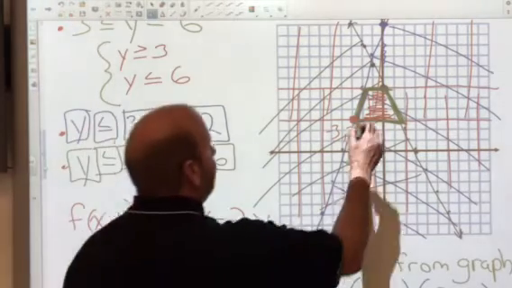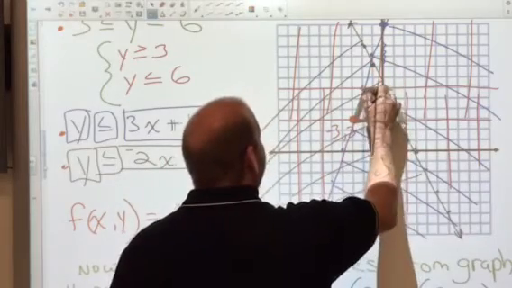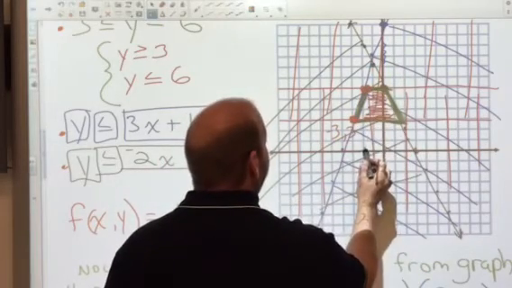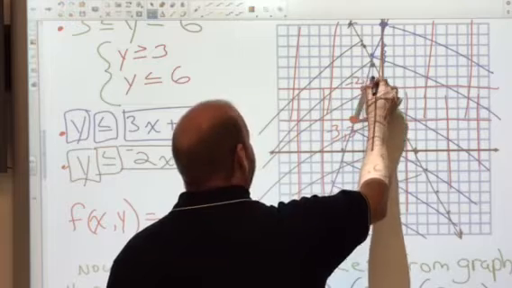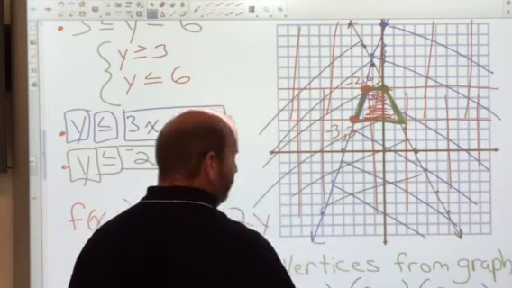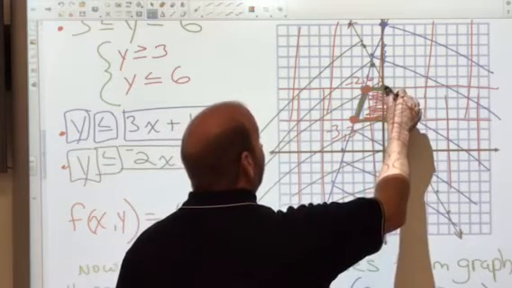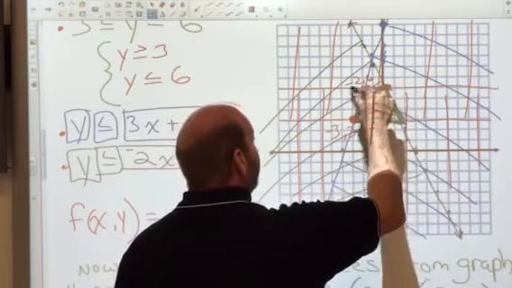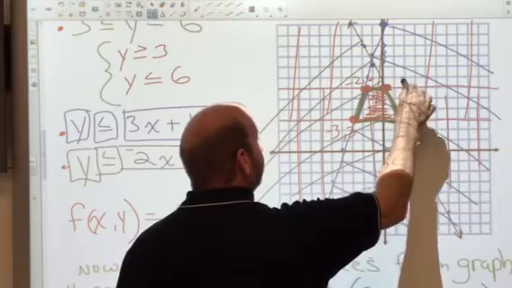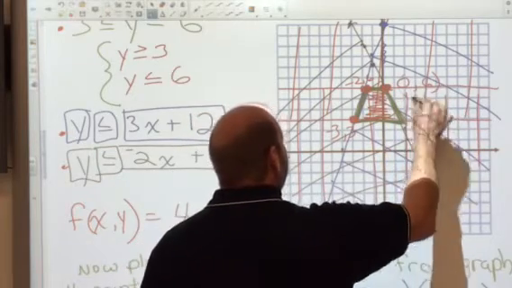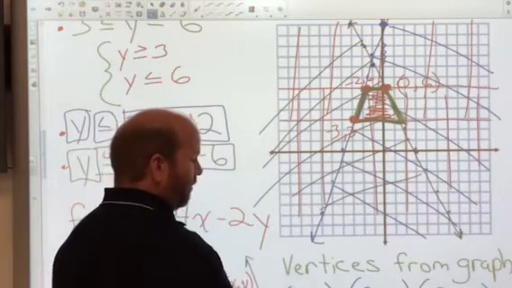The slope of this line met this right there, so that's negative 2, 6, and then the y-intercept of this line met this here, so that's 0, 6. So those 3 come from the graph, right?